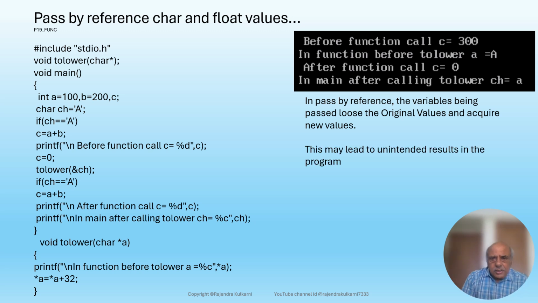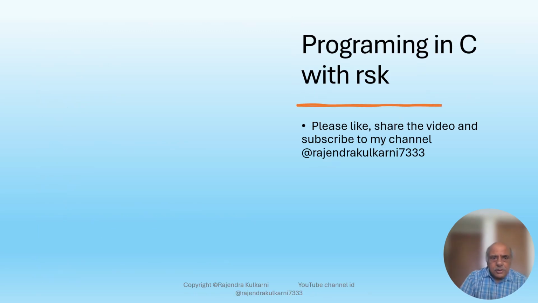This is a very important thing which a programmer should keep in mind, because this kind of change of value of a variable using the function may lead to unintended results in the program. So this is all about passing values to a function.